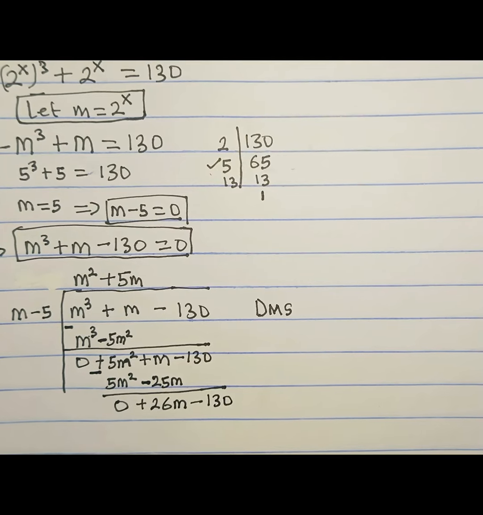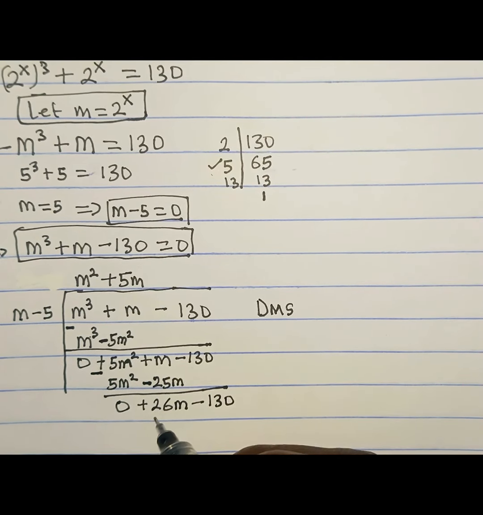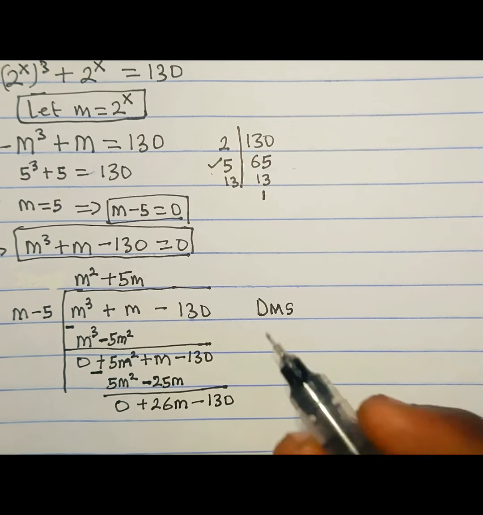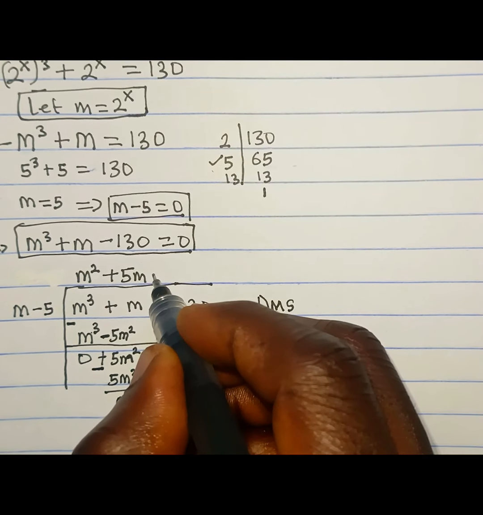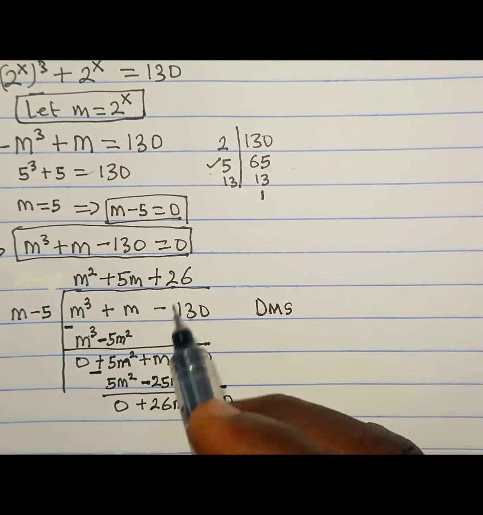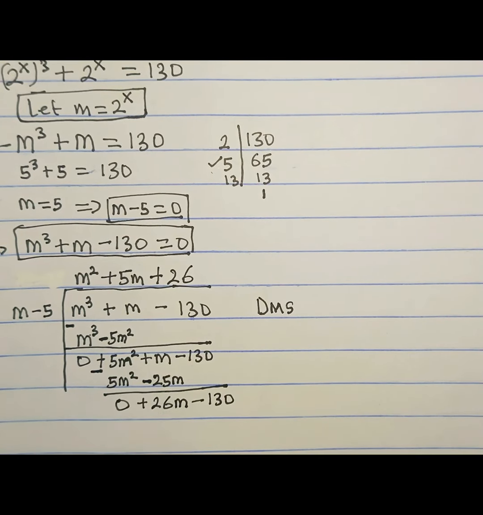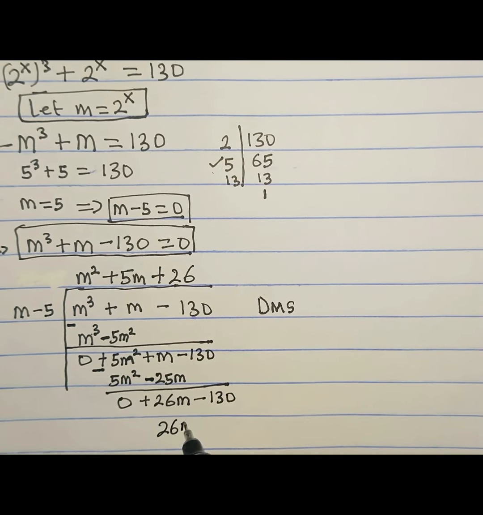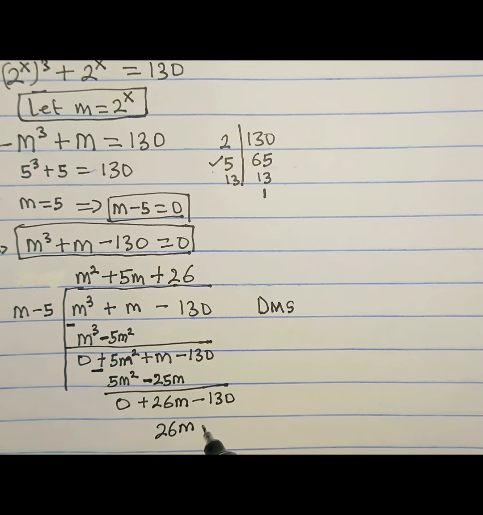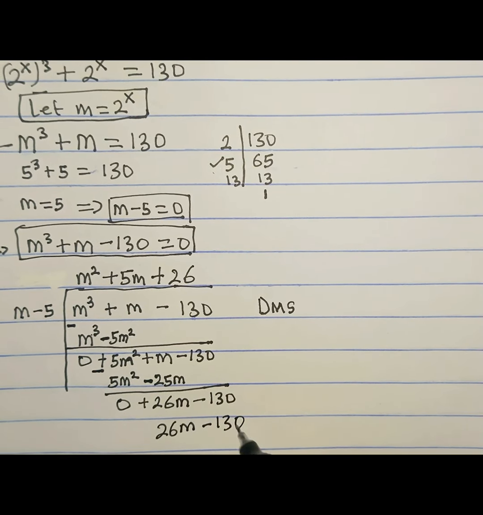Now the next step is to repeat this again by dividing the first term. 26m divided by m, and m is going to cancel. We're going to have positive just 26. Then we multiply. 26 multiplied by m is going to give us 26m. Then 26 multiplied by negative 5 is going to give us negative 130.